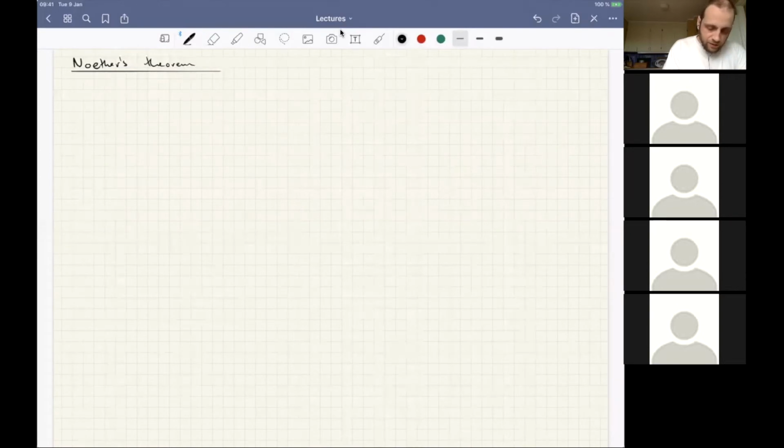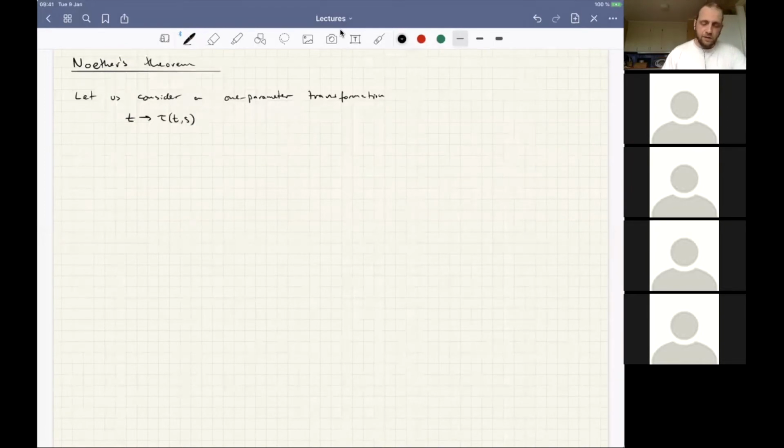Let us consider a one parameter continuous transformation such that t goes to some new time, which is going to depend on t and a symmetry parameter s, so continuous symmetry.